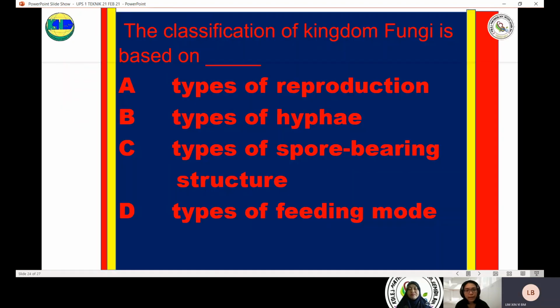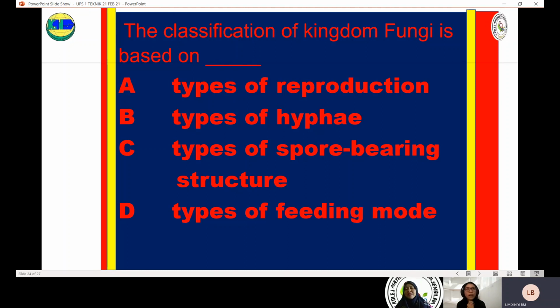Proceed to number 5. The classification of kingdom fungi is based on what? Types of reproduction, types of hyphae, types of spore-bearing structure, types of feeding mode. Like what Madam Lim mentioned earlier, if you look at the options given, all seem correct.